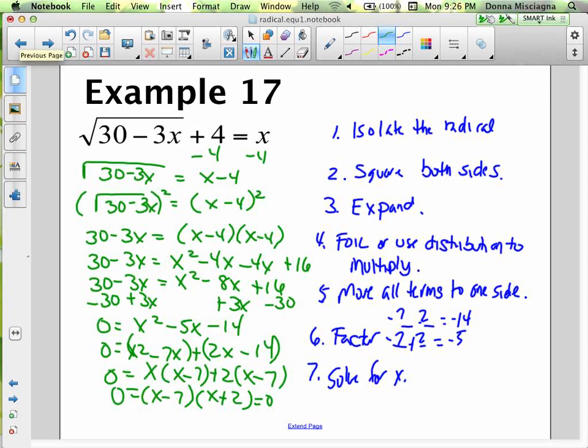And then we'll set our factors equal to 0 and solve. So we have x minus 7 equals 0, so x equals 7. And x plus 2 equals 0, so we'll subtract 2 from both sides. x equals negative 2. And now we'll check out our solutions, 7 and negative 2.